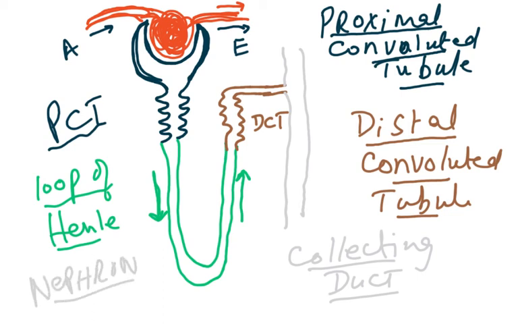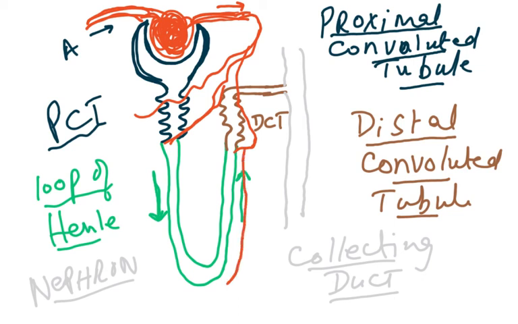And what do we have? Another thing. This efferent arteriole is going to come back and is going to form a network around this. And this network is called peritubular capillaries. And then this network is going to form another set of capillaries around the loop of Henle.